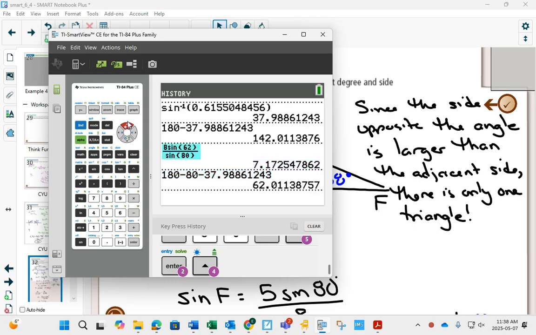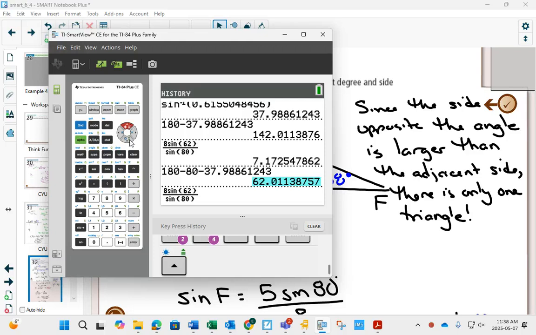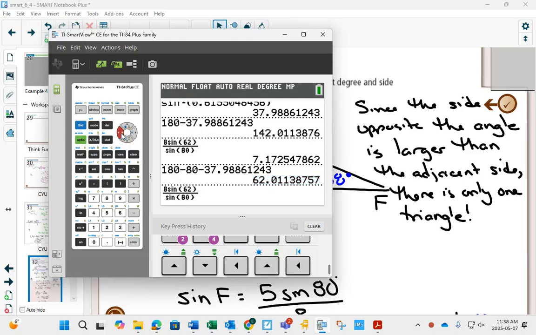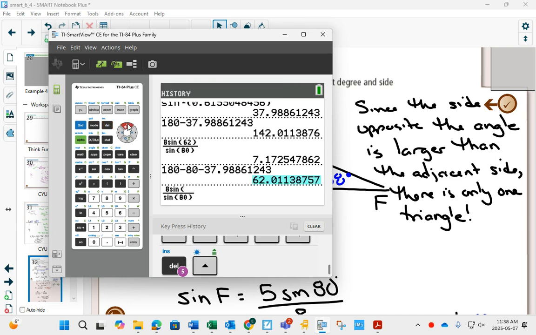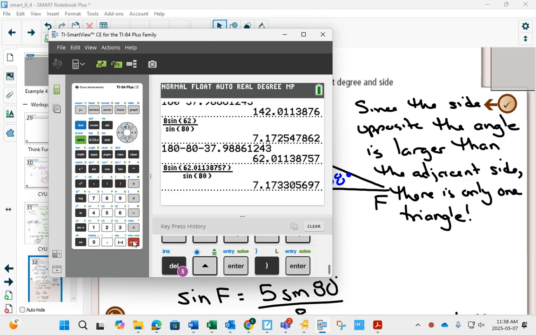And then if I retyped this, and instead of the 62, I kept all of the decimal places, my answer is 7.173 instead of 7.172.